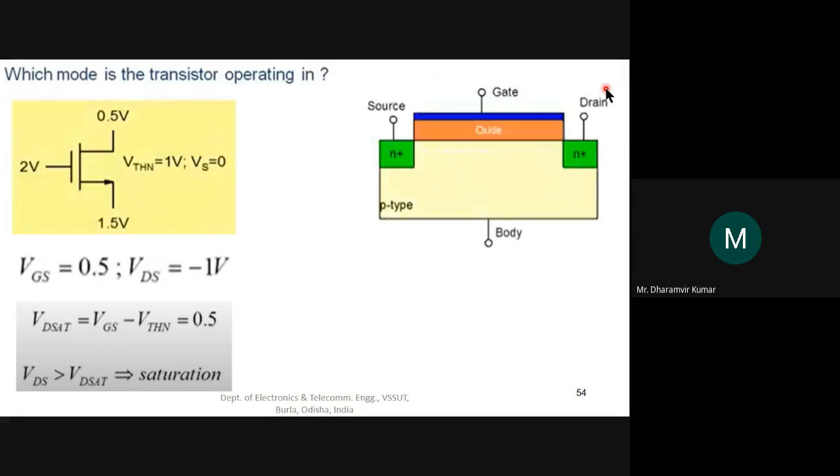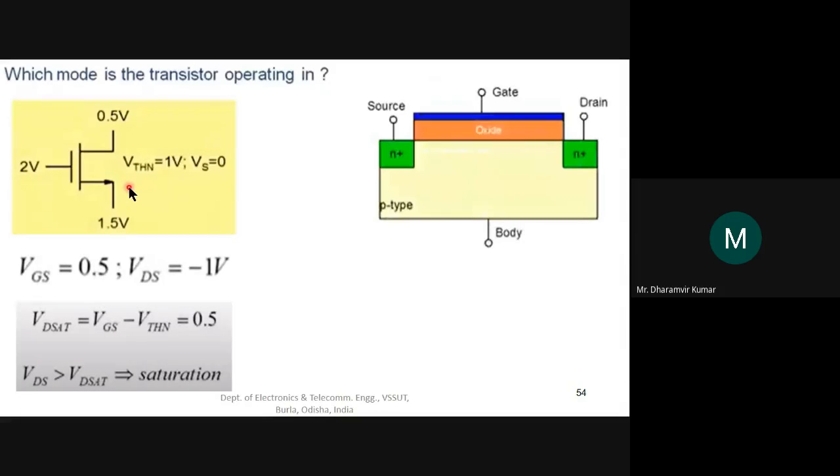Okay. So keeping this in mind, this symbol is just to symbolize that we are using this as source, but we are free to choose either this as source or drain. And the more important point is that generally we keep the source at the lower potential.